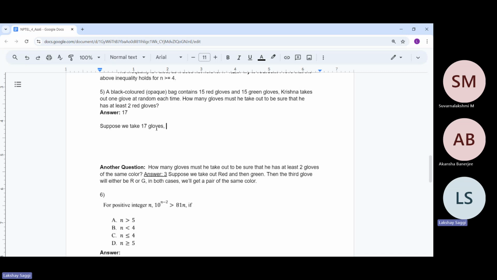Suppose we take 17 gloves, then the number of green gloves picked is less than or equal to 15.